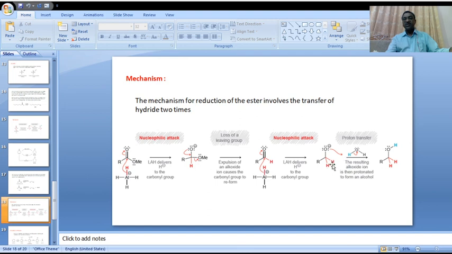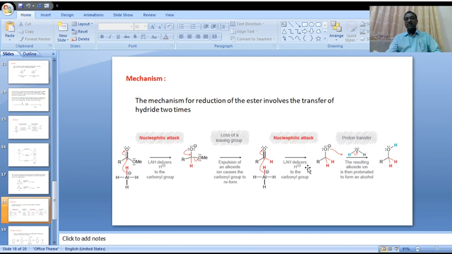Two hydrogens attack the carbonyl carbon. After that, the negatively charged oxygen abstracts hydrogen from the water molecule, the water solvent. In this reaction there are two nucleophilic attacks: first time nucleophilic attack, second time nucleophilic attack.